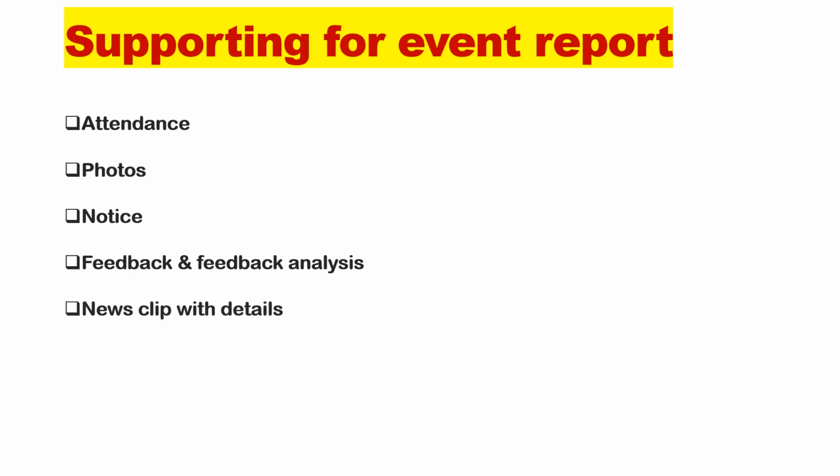If there is a news clip with details, you can mention it as a supporting, and the winner list you need to mention, or you can mention it in the report if it is applicable to your activity or event.